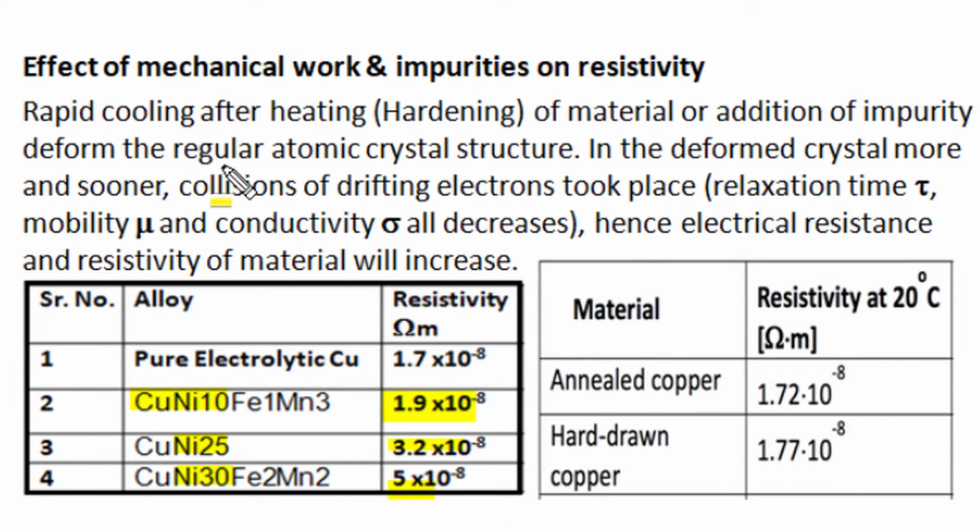Now in both cases, rapid cooling after heating, that is hardening, or addition of impurity, the regular atomic crystal structure of metal gets deformed, and in deformed crystal, when applied electric potential starts drift motion of electrons, more collisions will take place and collision time will decrease, and decrease of relaxation time will decrease mobility and conductivity, and reciprocal of conductivity, resistivity, will increase with both hardening and impurity addition.